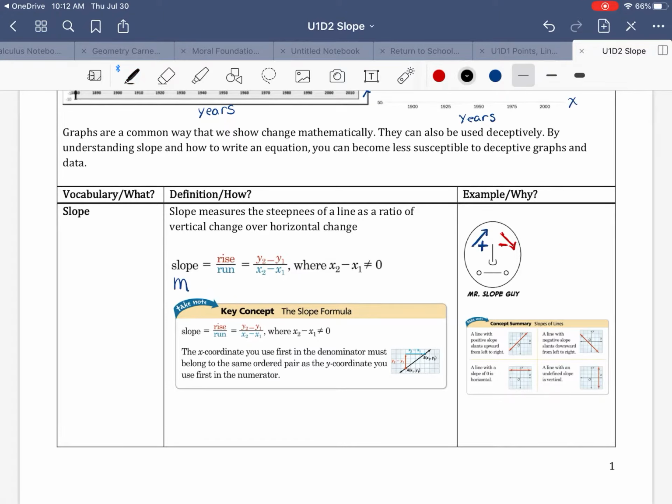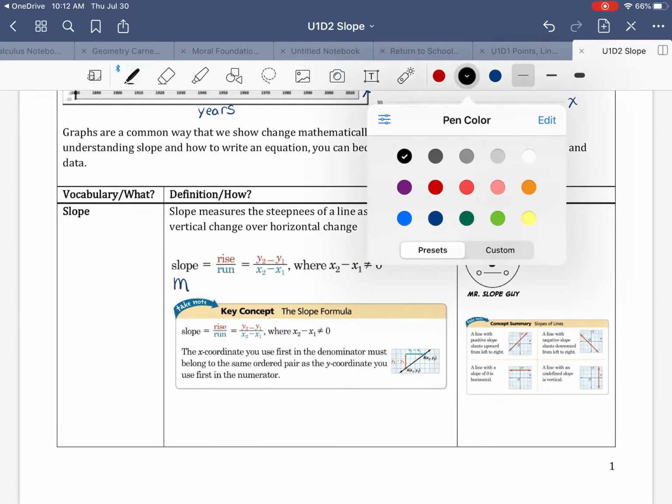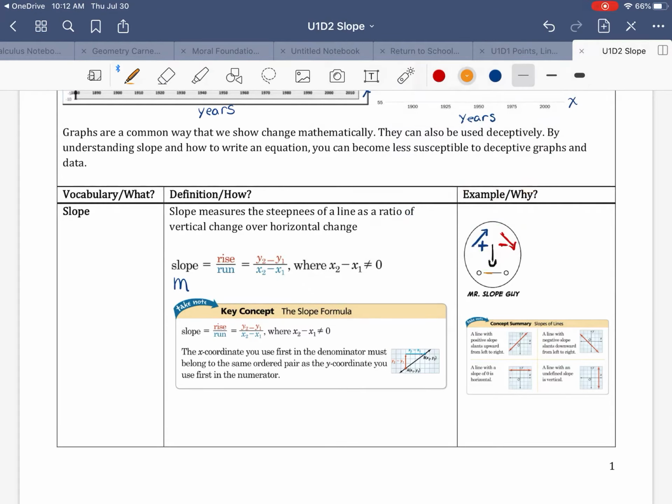If we have a slope that goes straight up and down, it is considered undefined, hence the U. And then if you have a flat slope, then you have a 0 slope, okay? So you can use those to help us recognize if you look at a line, this is positive, negative, undefined, and 0.